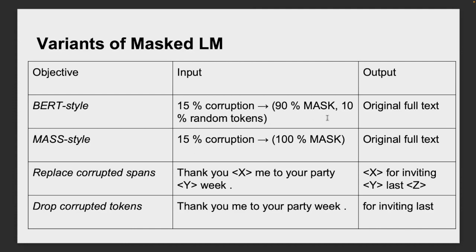That's the original BERT language modeling, and your output is the original full text. So basically you're trying to recover the full original text. The mask style is 15% corruption. And again, the 100% mask is where you want to predict the full text in your output.